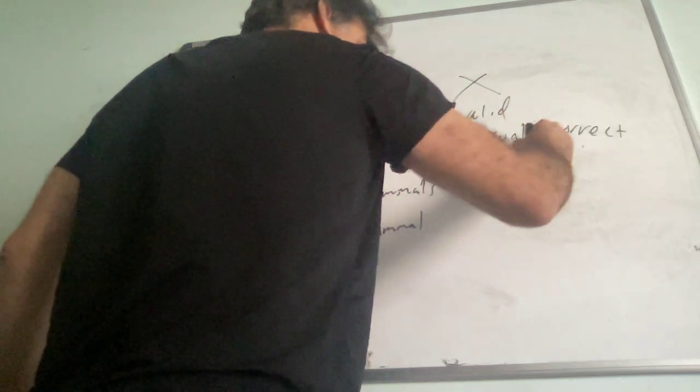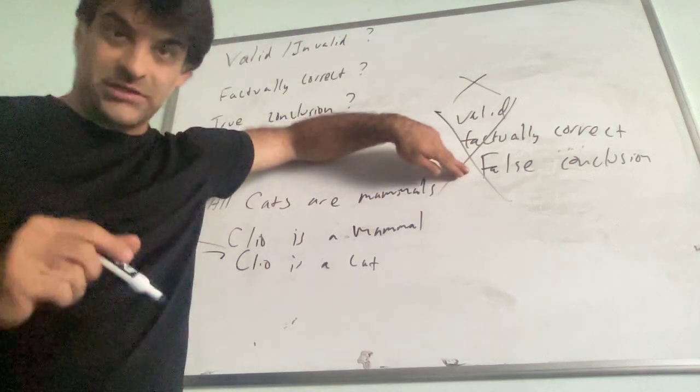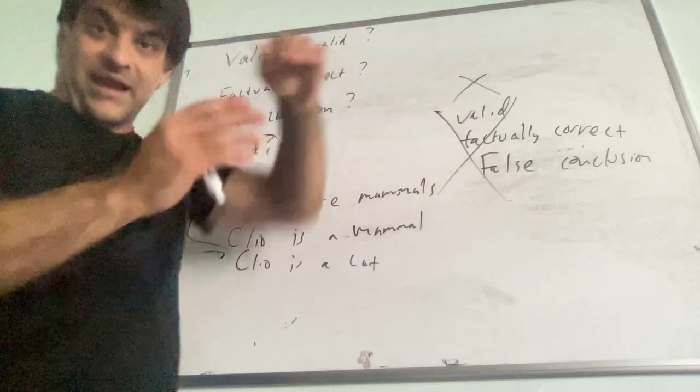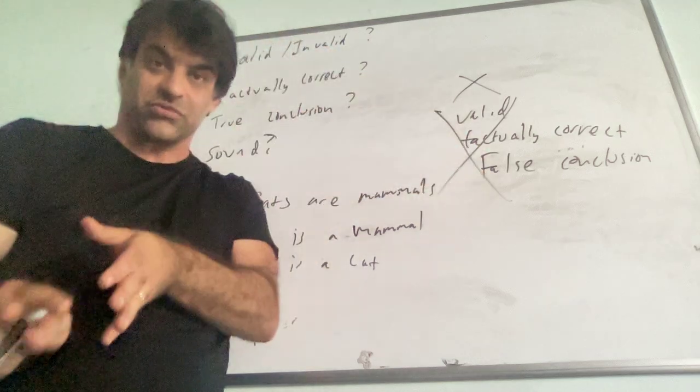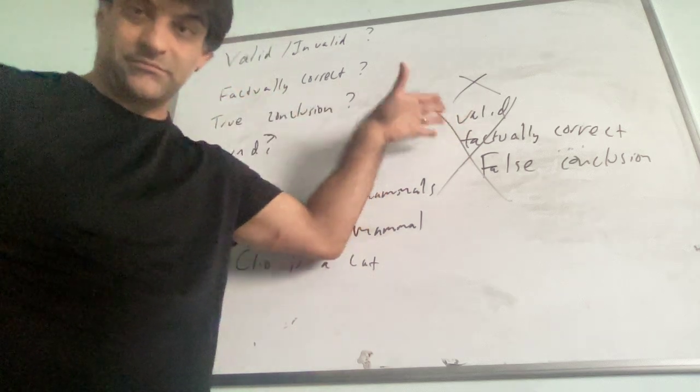There are no examples of that. By definition, if you have factually correct premises and a valid link, the link guarantees you go from true to true. The valid link guarantees it, right?